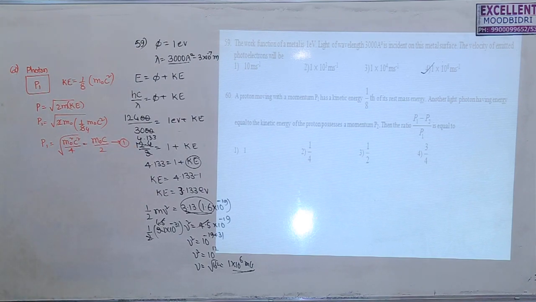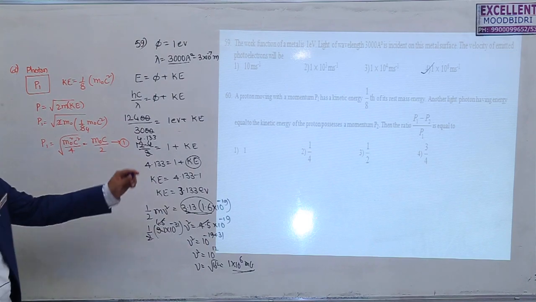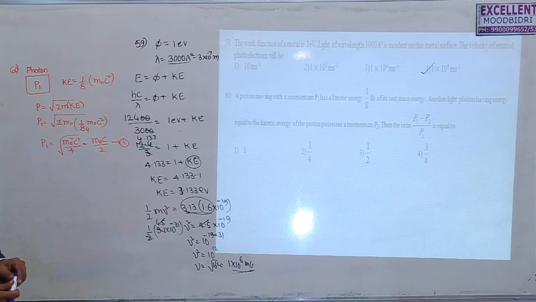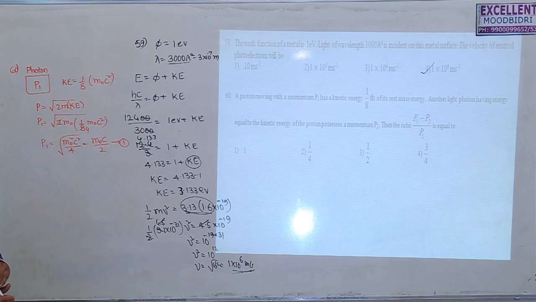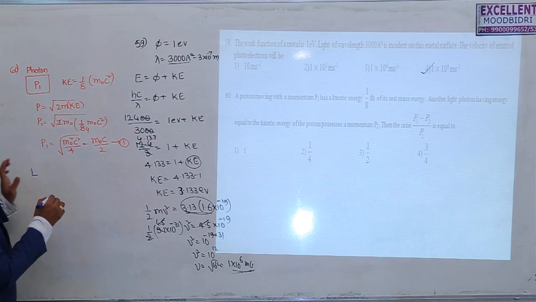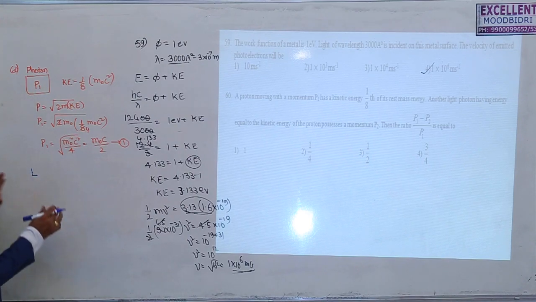This is equation 1. Now the second part of this problem is another light photon having energy equal to the kinetic energy of the proton, possessing a momentum of P2.